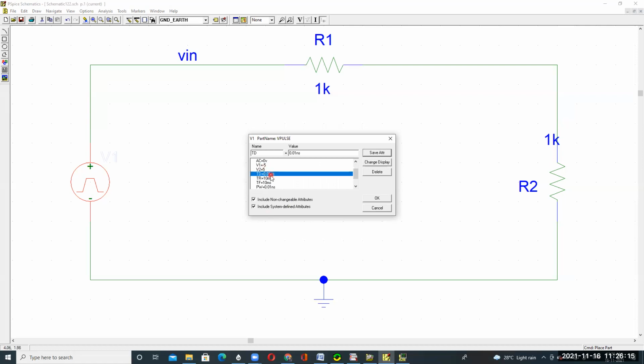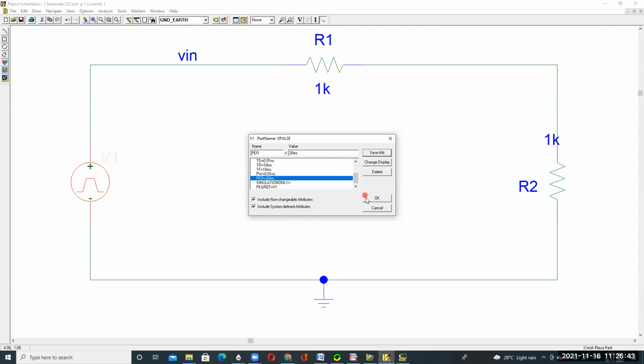DC is 0, AC is 0, V1 is minus 5, V2 is plus 5, delay time 0.01 nanoseconds, rise time 10 milliseconds, fall time 10 milliseconds, pulse width 0.01 nanoseconds, and pulse repetition here 20 nanoseconds. I took it like this, that's why the waveform appears like this. Instead of nanoseconds, take milliseconds. The pulse repetition must be more than the pulse width.